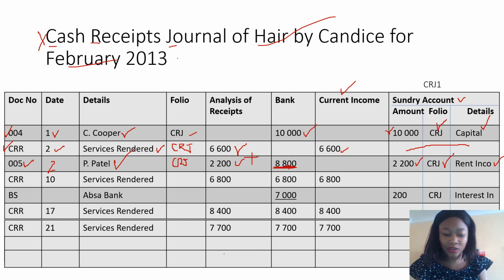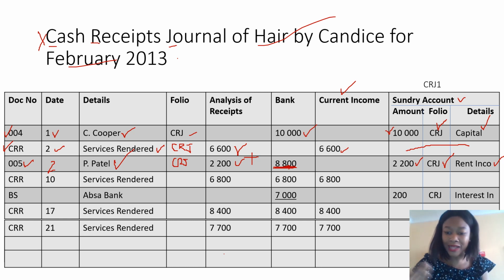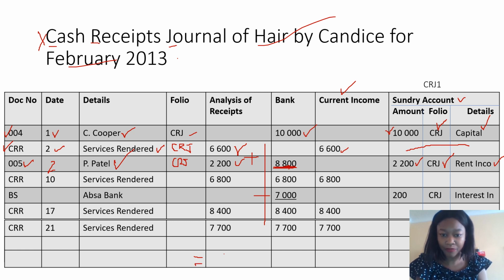At the end of recording all these transactions, you are supposed to calculate each column. You add everything in that column, then you get the closing off figure. You add everything in the bank, you get the closing off figure. You add everything in the current income, you get the closing off figure.